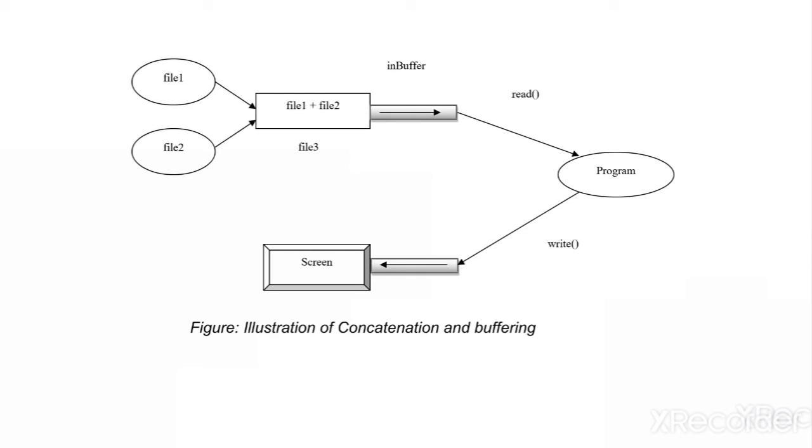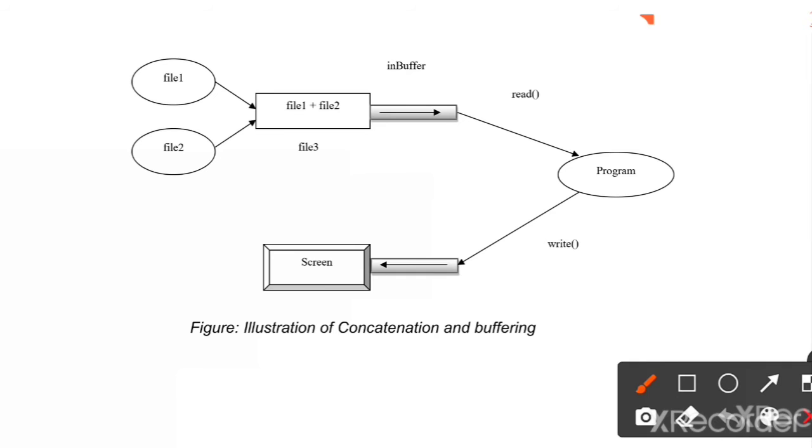See, this is what is happening in the program. We have created two file objects, file1 and file2, and we have linked those to the appropriate files in the system.